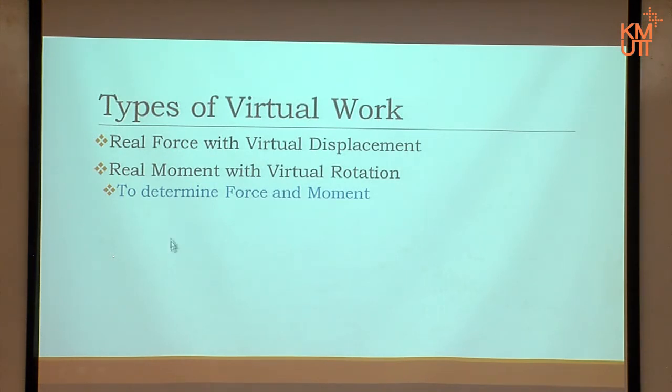Or if it's a real moment, then we have virtual rotation. With this technique, we never find out the fake values. We always find out the real thing. So in this system of thought, we try to find real force and real moment. In this case, they would be reactions.